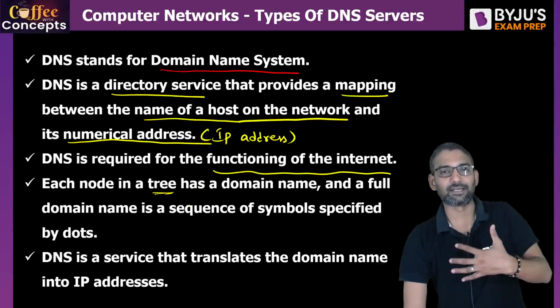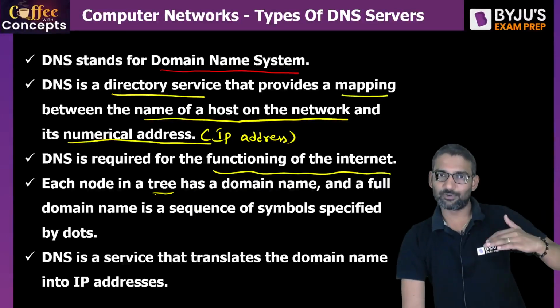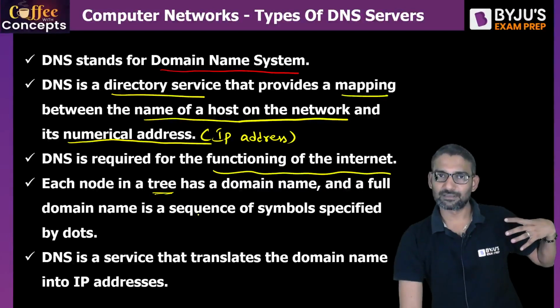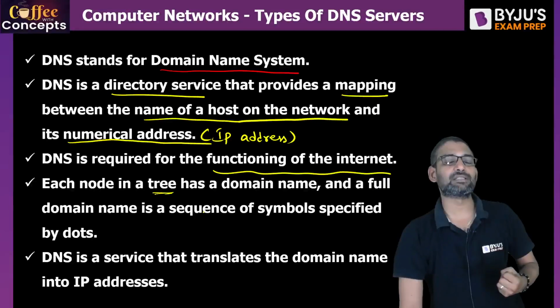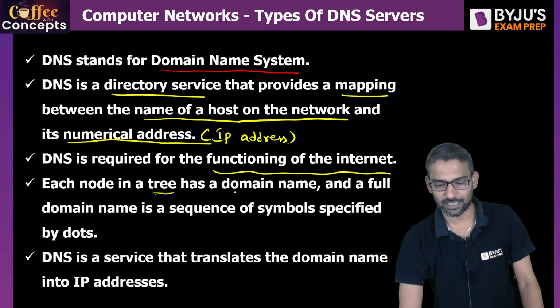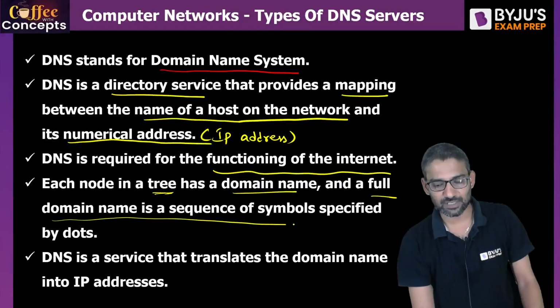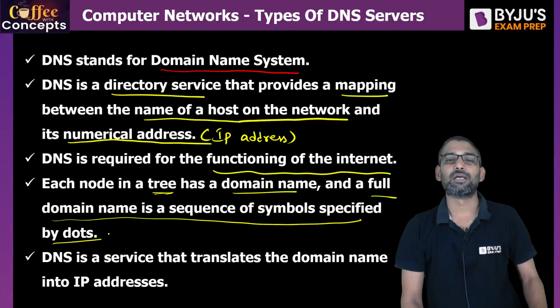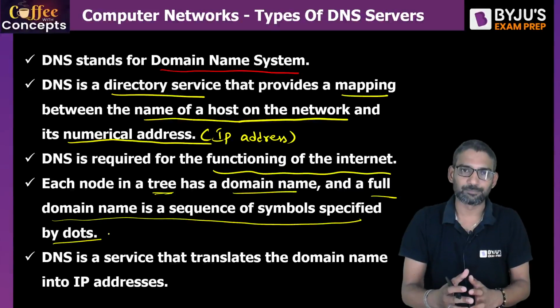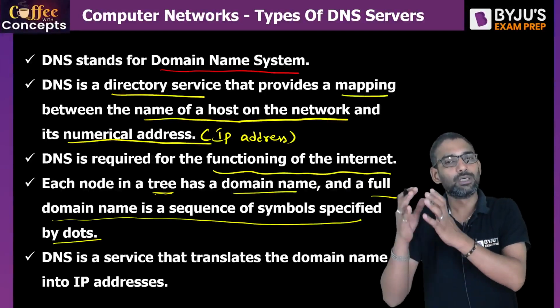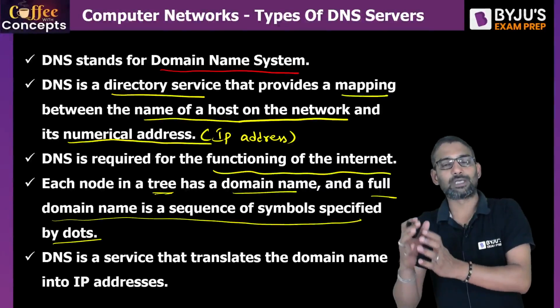In that hierarchy, there will be a root, siblings, leaves, right, in a tree. In the same way, this DNS hierarchy also maintains the full domain name, a sequence of symbols separated by dots, like www dot google dot co dot in.